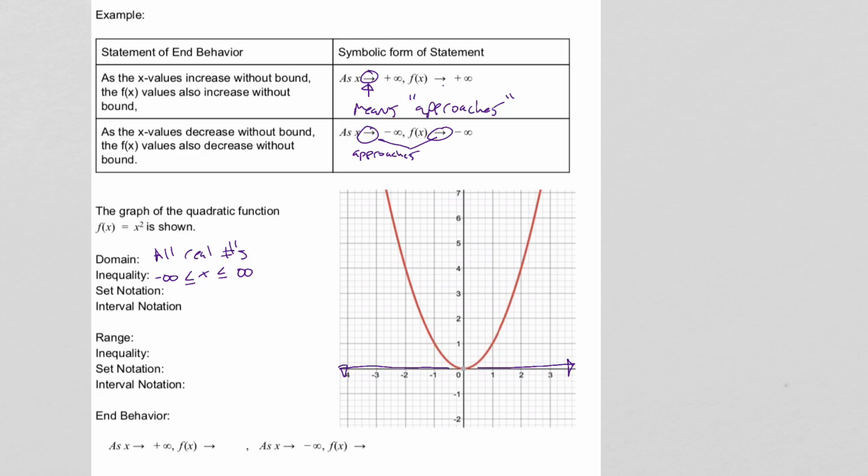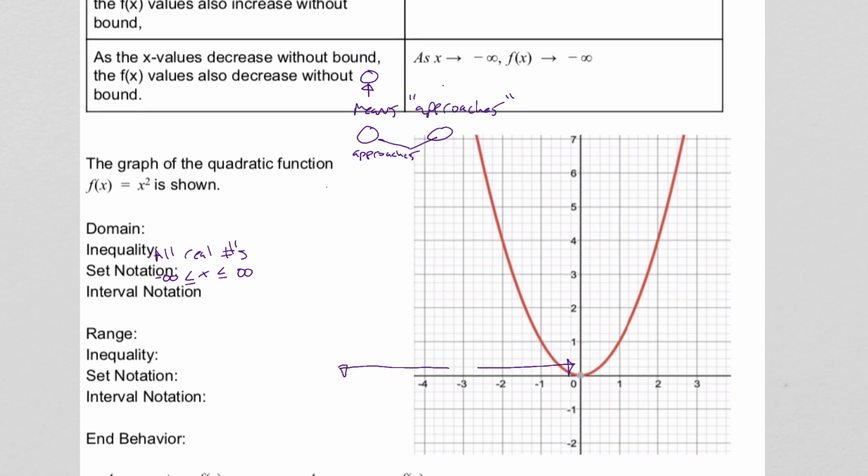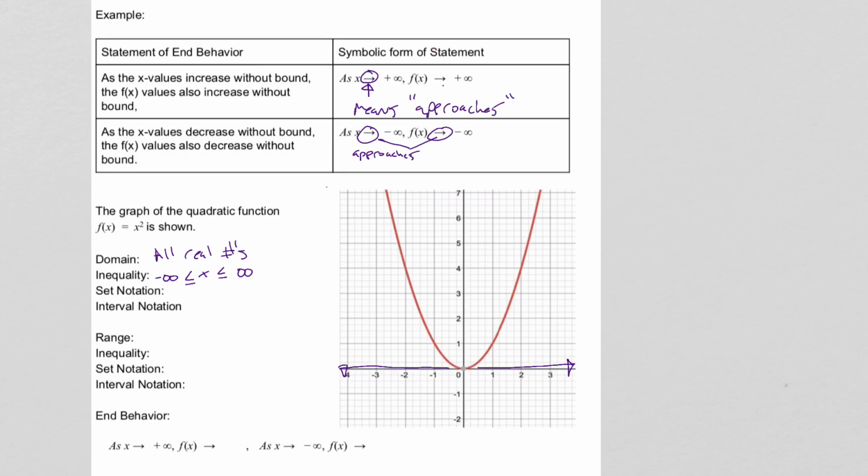As a set notation, and let me see if I can zoom in on this some so I can write better. Oh, that didn't work very well.